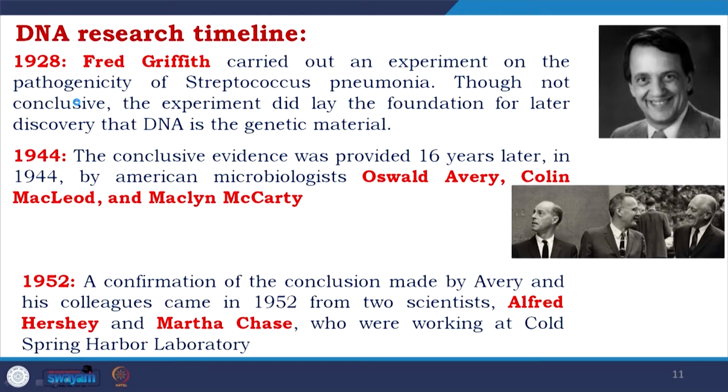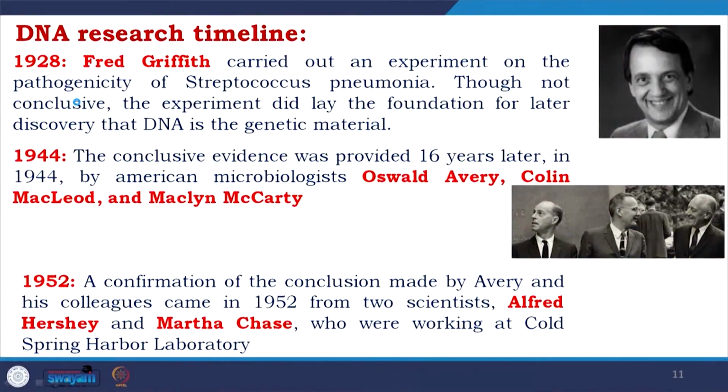Again in 1952, a more biochemistry oriented confirmation came from the famous Hershey-Chase experiment, where they used labeling of protein and DNA using sulfur and phosphorus and confirmed that this is the genetic material, this is DNA.